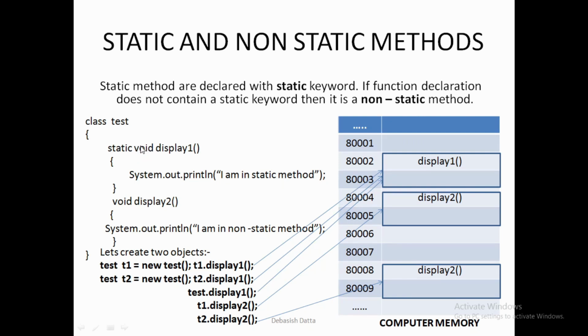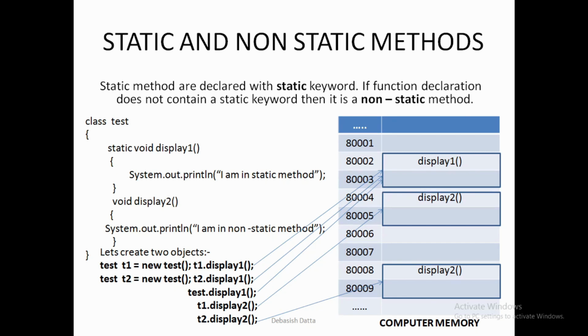Here the return type of this display function is void, and before that we have written the static keyword. Hence the display function has become static. And the display2 function, as no static keyword is written before its return type, is a non-static function.